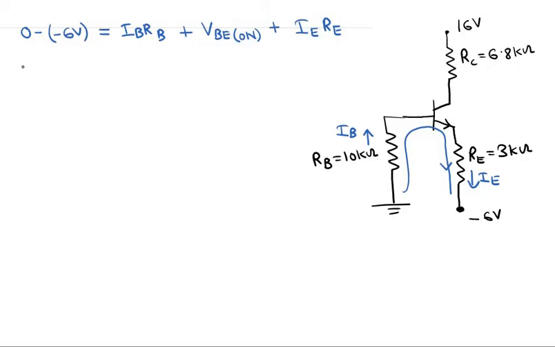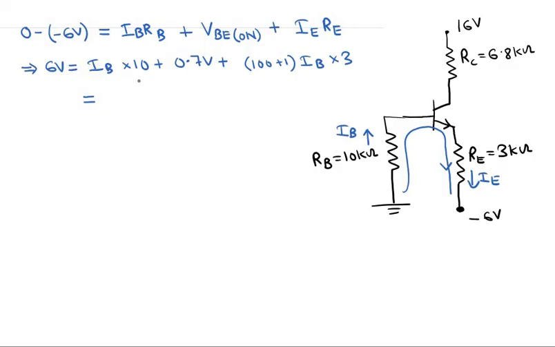So 6 volts is equal to IB into 10 kilo ohms, plus we take VBE on to be approximately 0.7 volt. IE is beta plus 1 times IB, and beta is 100, so 100 plus 1 times IB into RE, and RE is 3 kilo ohms.